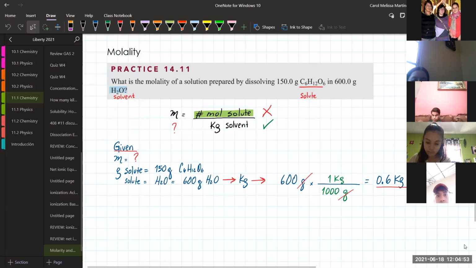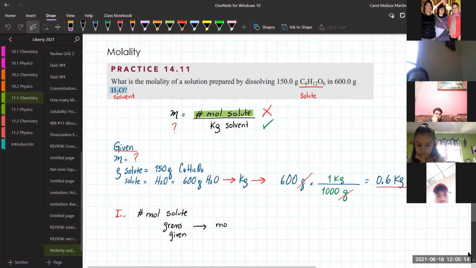Okay, so now in the first step, I need to find the number of moles of the solute. Okay, and I know the mass, so it's going to be from grams given to moles given by using the molar mass as a conversion factor.